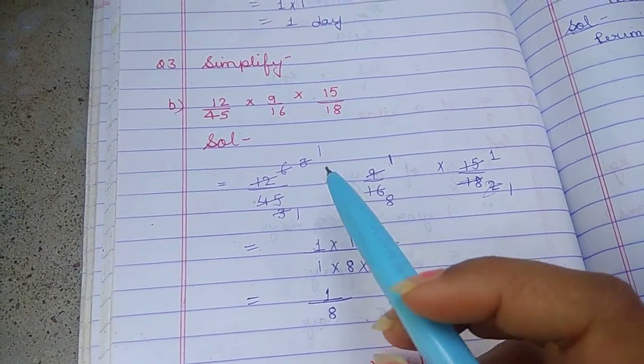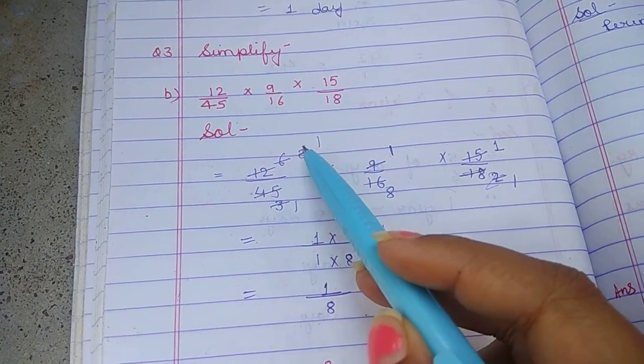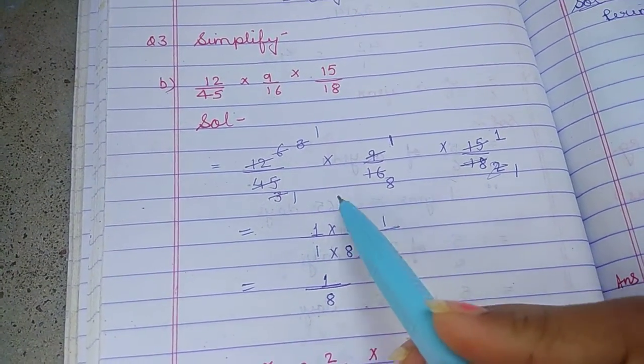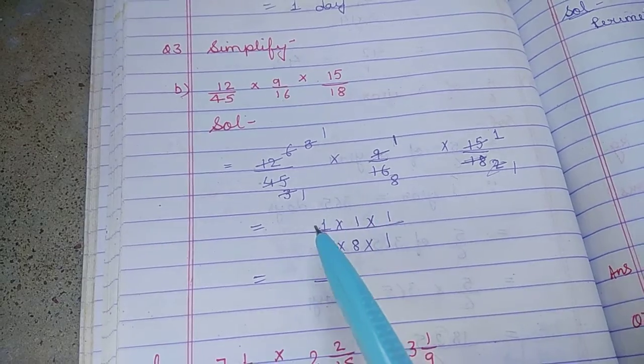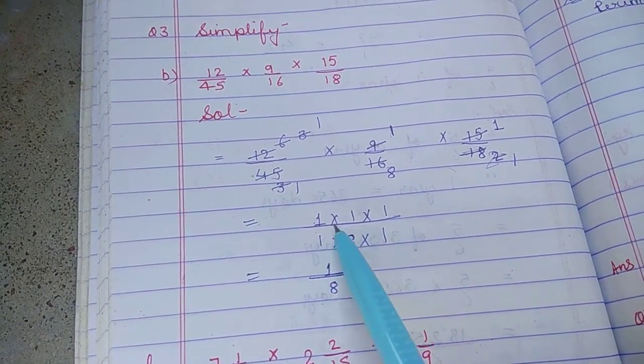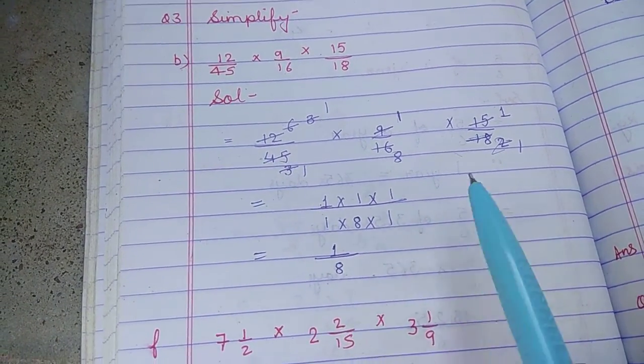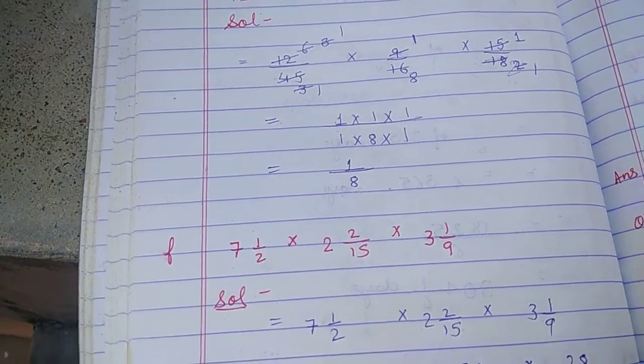Okay, it will also be cancelled by 2, 2 threes are 6 and 2 eights are 16. Okay, so what is left is 1 into 1 into 1 in the numerator upon 1 into 8 into 1. 1 ones are 1, 1 ones are 1 upon 1 eights are 8, 8 ones are 8. So 1 upon 8 is the final answer.